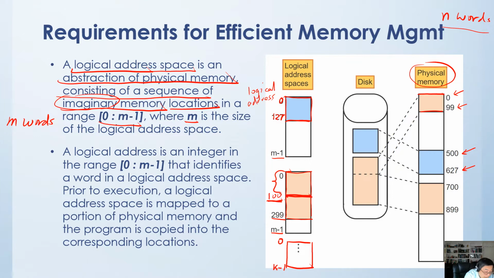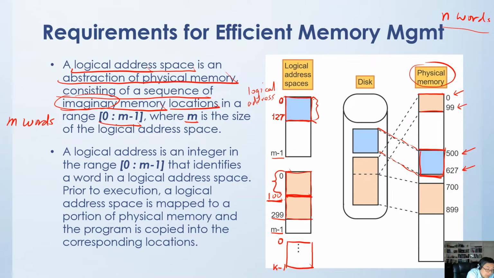Once we try to load the program into the physical memory, we need to map the logical address of the program into the physical address. So we need to find a free space in the physical memory. For example, this program takes the logical addresses from 0 to 127.